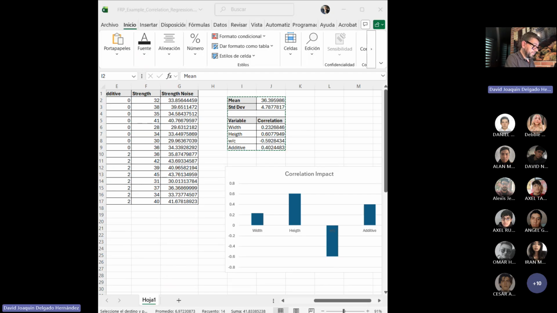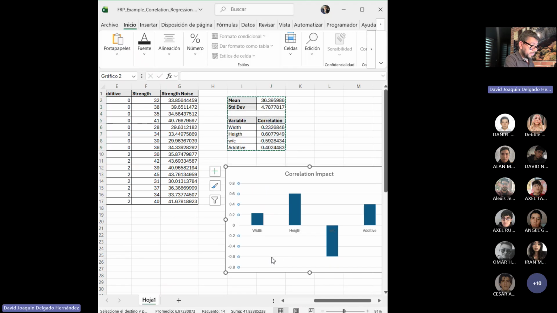And the graphical, the figure, which is also interesting. Okay. Control C, Control V. Perfect.